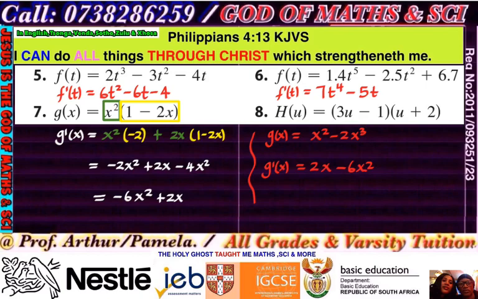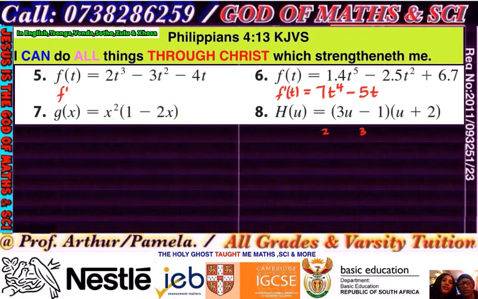All right, fine. So now let's deal with this one here, number 8. In my case, the yellow box is the first equation, and then the green is the second.